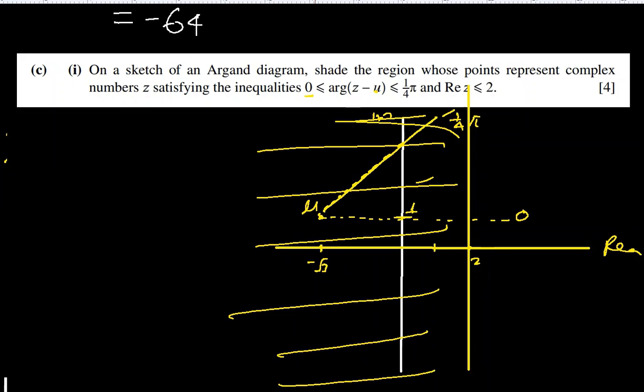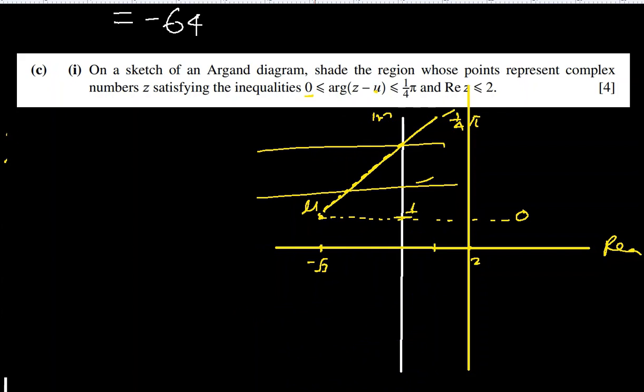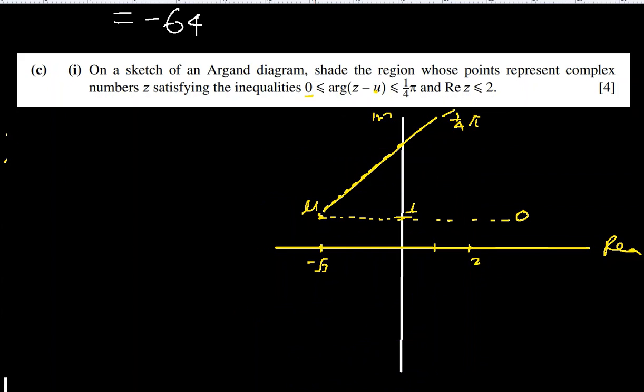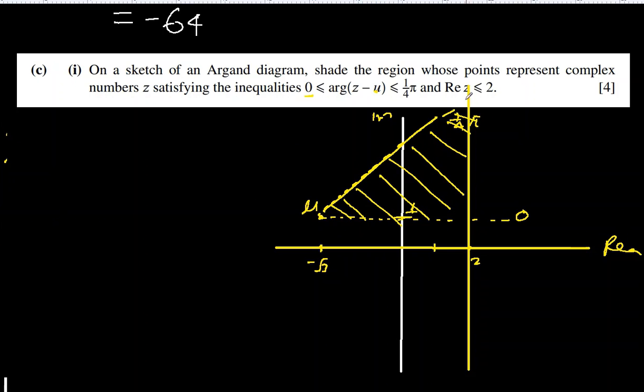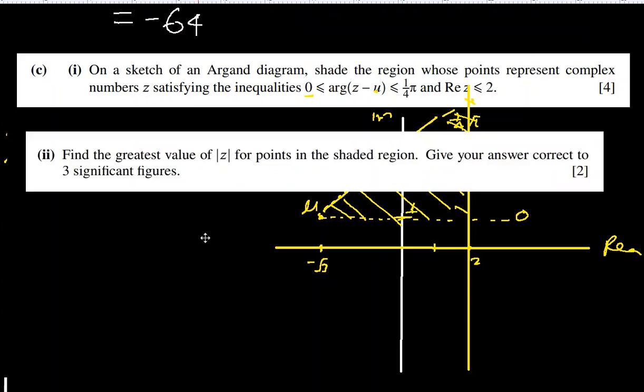If I shade this one and the one I shaded earlier, the common area between the two is this triangle. That's the shaded area we have to show.